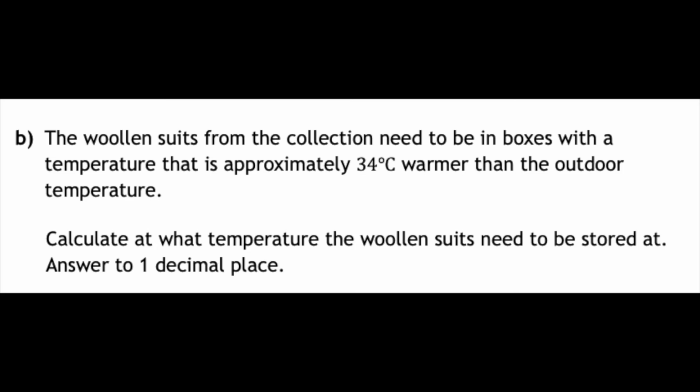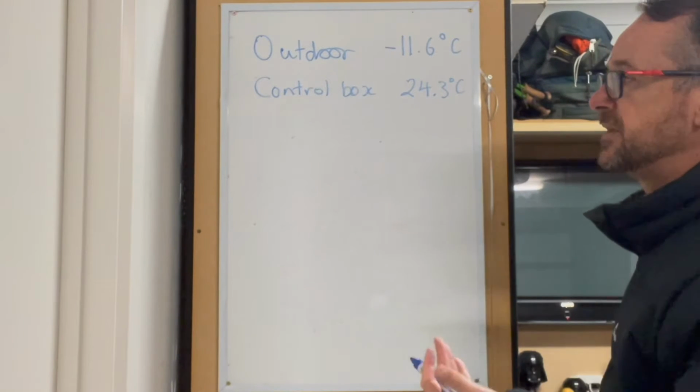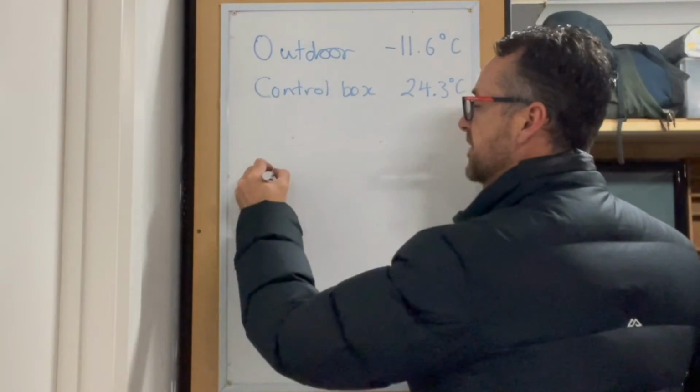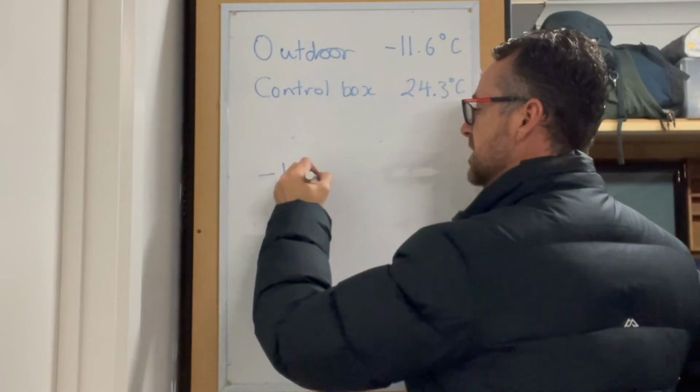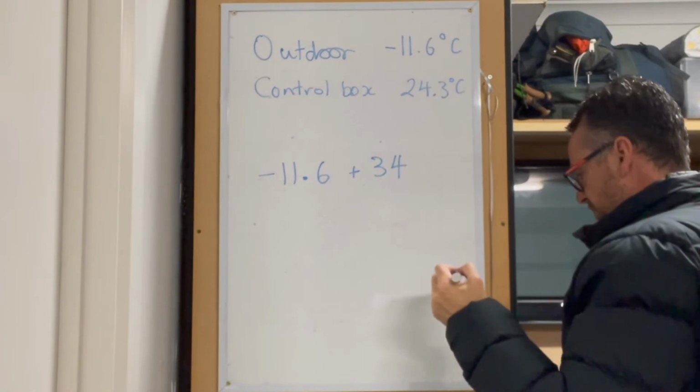Next one tells us that we've got these woolen suits and they need to be in a situation where they're at least 34 degrees warmer. So it's telling us what the temperature needs to be for that to be the case. We've got negative 11.6 outside, and we're going to add on 34 degrees.